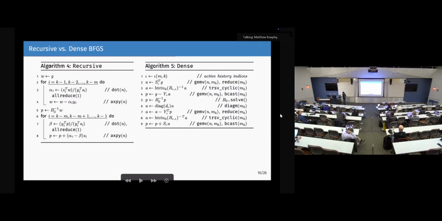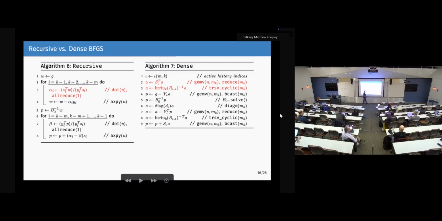Okay, so I'll do a side-by-side illustration of the recursive and dense formulation, going over what I did on the block matrix format, but side by side with the algorithm. So maybe this makes more sense. This W is a copy of G for work. So that part is done there.